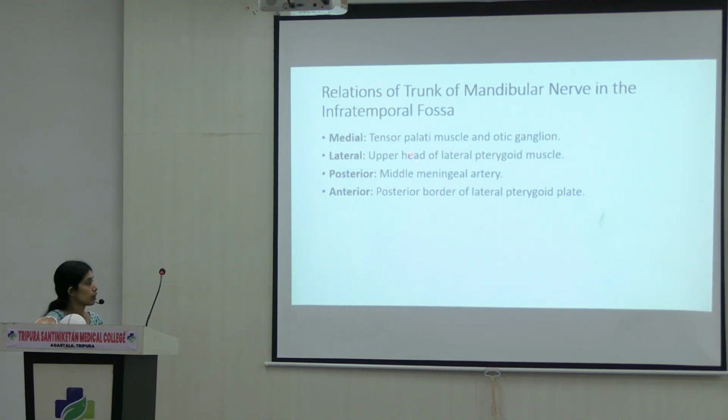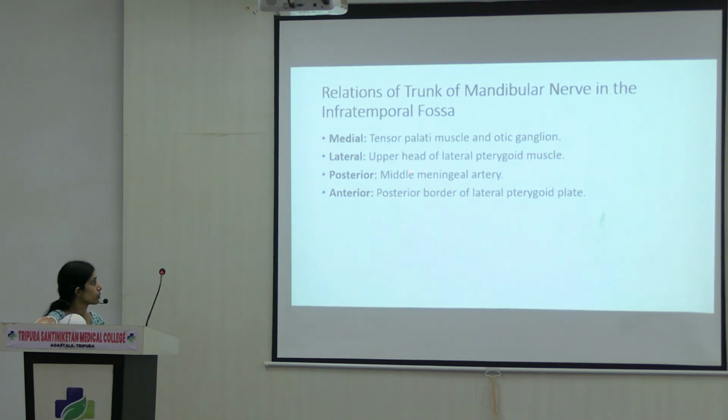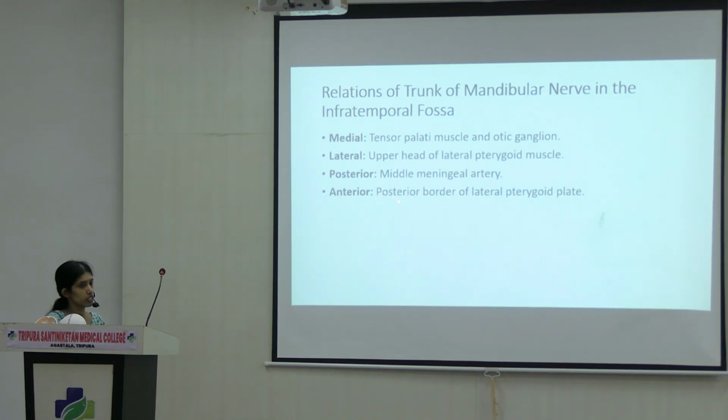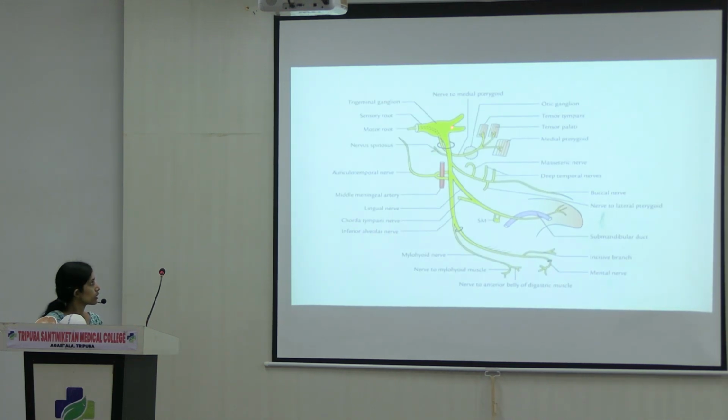Relation of your mandibular nerve. Medially it is related to tensor palati muscle and also to the otic ganglion. Laterally it is related to the upper head of the lateral pterygoid muscle. Posteriorly it is related to the middle meningeal artery, and anteriorly it is related to the posterior border of the lateral pterygoid muscle. You can see here, this is the trigeminal ganglion.